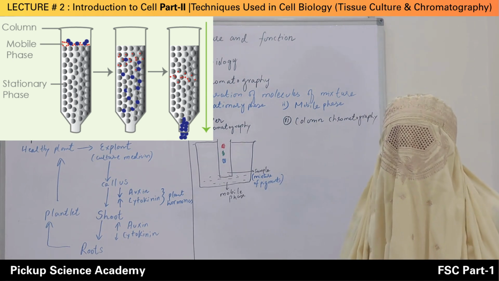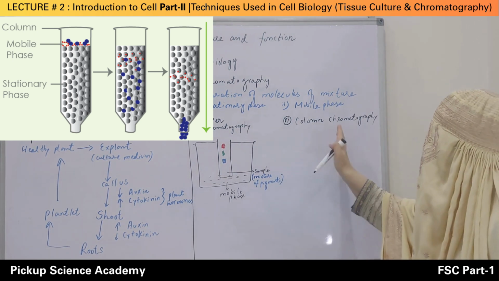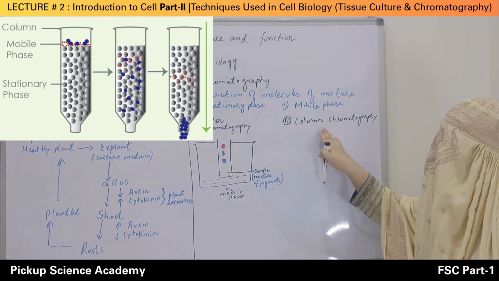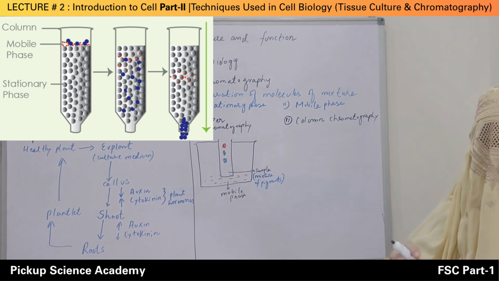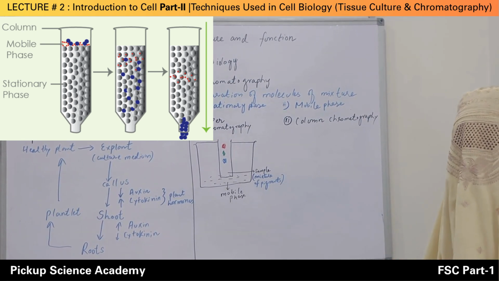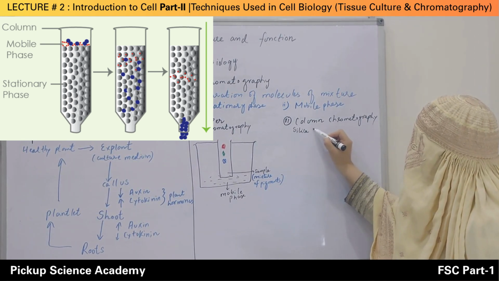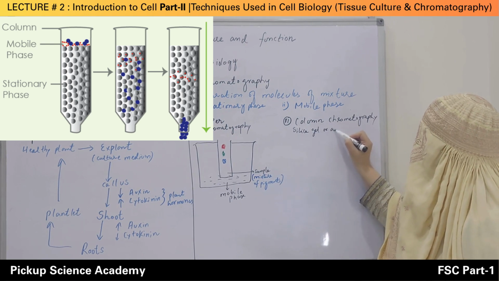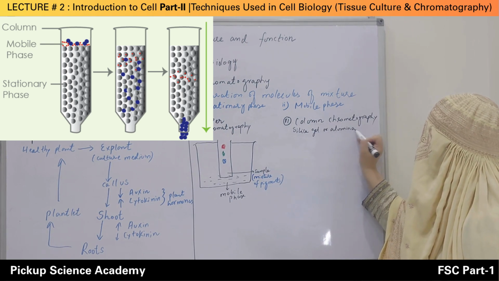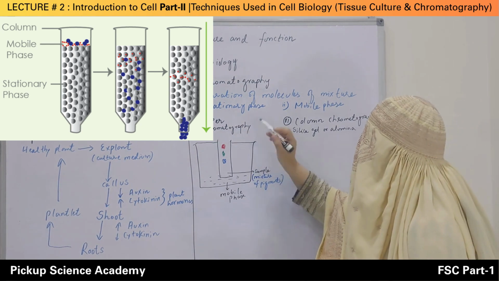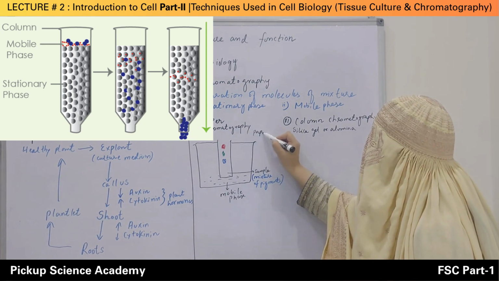What is the difference between paper and column chromatography? In column chromatography, the stationary phase is either silica gel or alumina, while in paper chromatography, the stationary phase was paper.